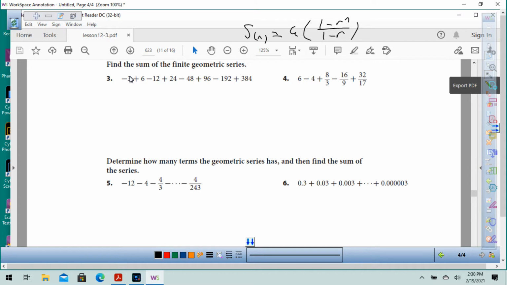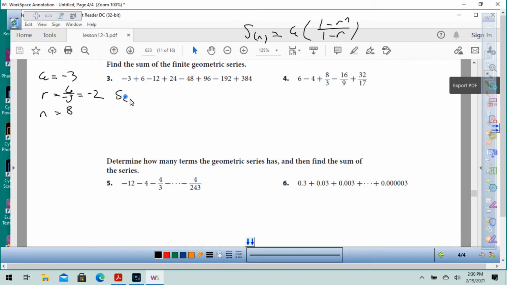So how many terms we got? 1, 2, 3, 4, 5, 6, 7, 8. Now, if you notice, we got an A, which in this case is -3. We have an r, which would be 6 divided by -3, which is -2. And then we have an n, and we just counted those, and that was 8, I believe.